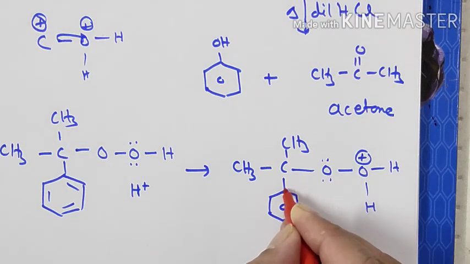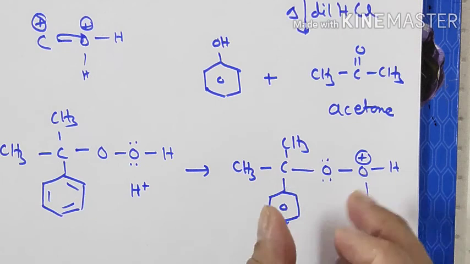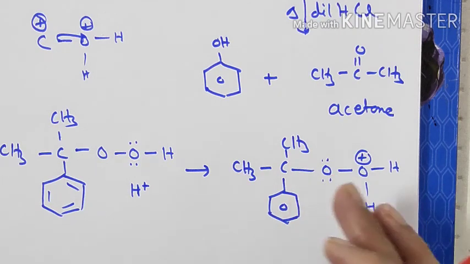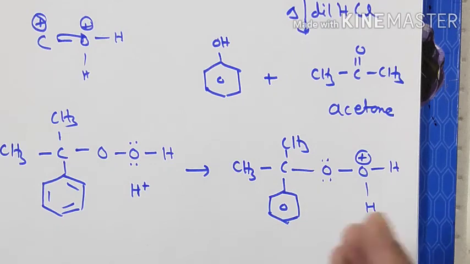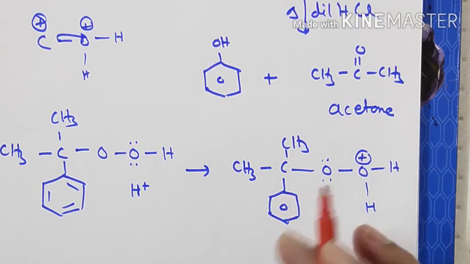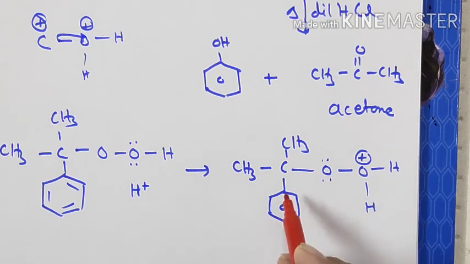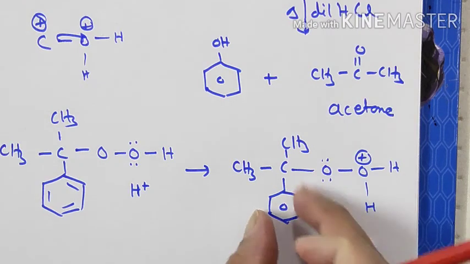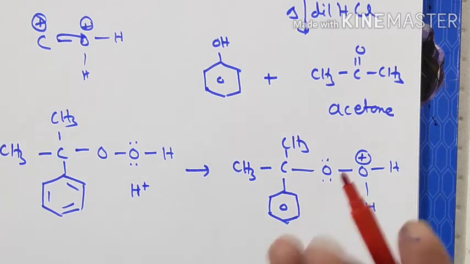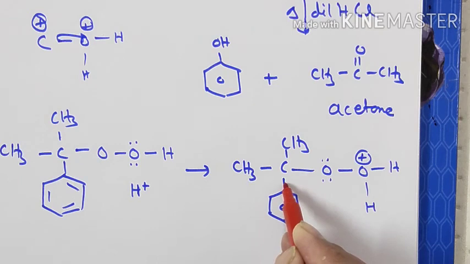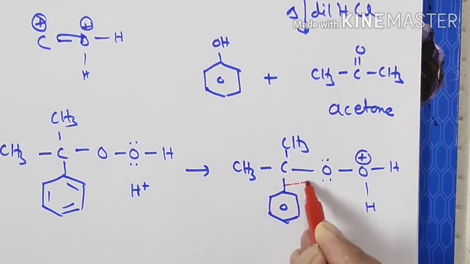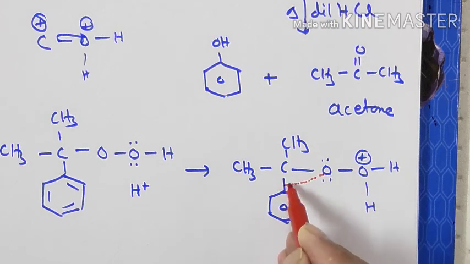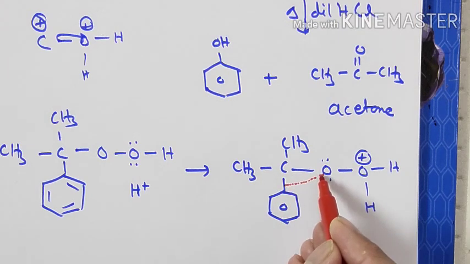this bond. Actually there's a migration of some group, and whenever there's a possibility of migration of two or more groups, the bulky group can migrate easily, because this is an electron rich species and it can easily provide that electron. So here what happens, the bond breaks from here, and at the same time the bond is formed. The breaking of a bond and the formation of a bond take place simultaneously.